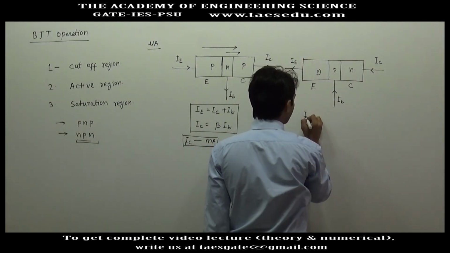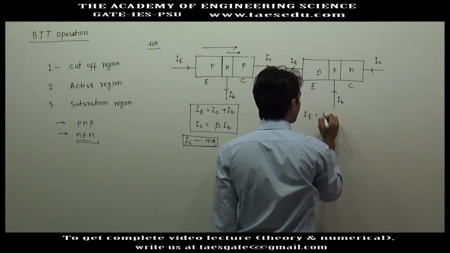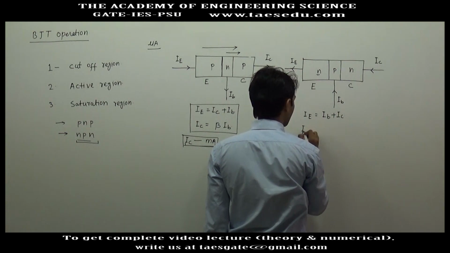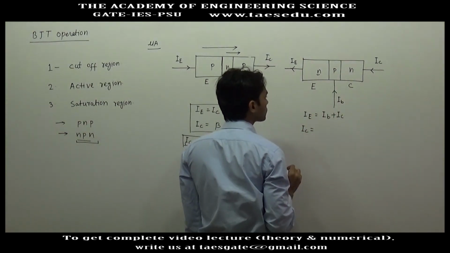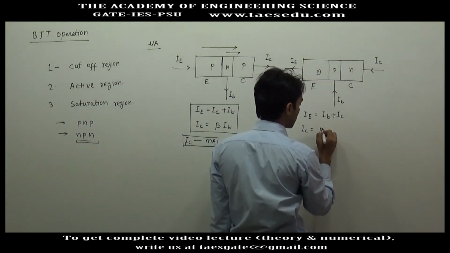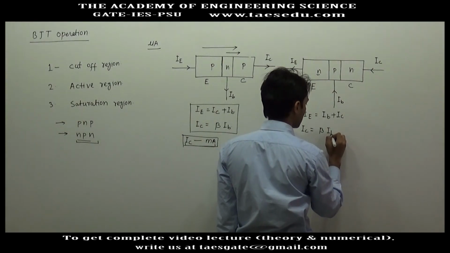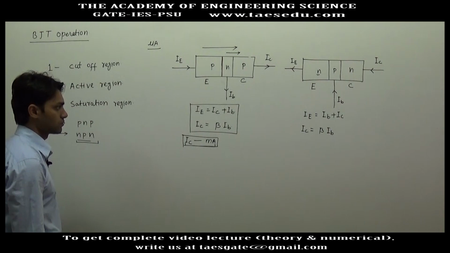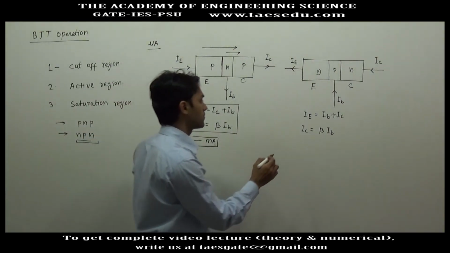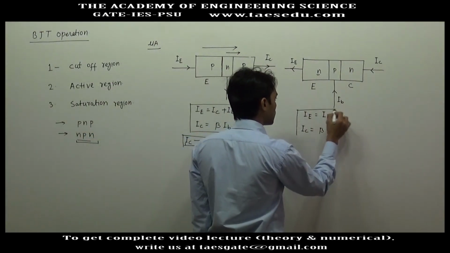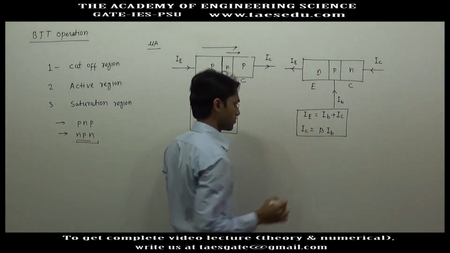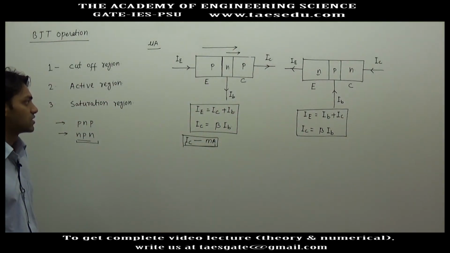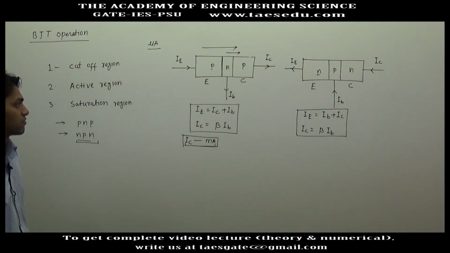Here also we will write emitter current equal to base current plus collector current, and collector current equal to DC gain into base current. So these are two simple formulas, and you would have studied these two formulas in first year.